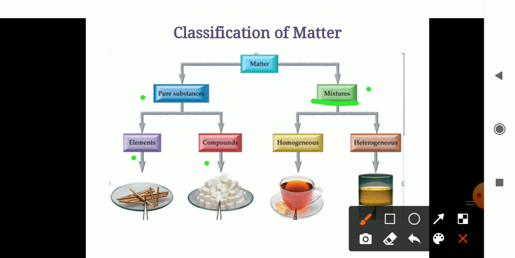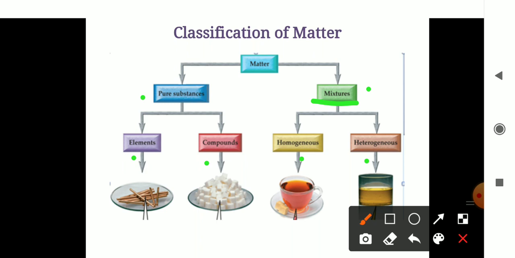The pure substance is of two types: element and compound. Now the impure substance can also be called mixture, so we can say mixture is of two types: homogeneous mixture and heterogeneous mixture. Are you able to understand, students, how matter is classified?